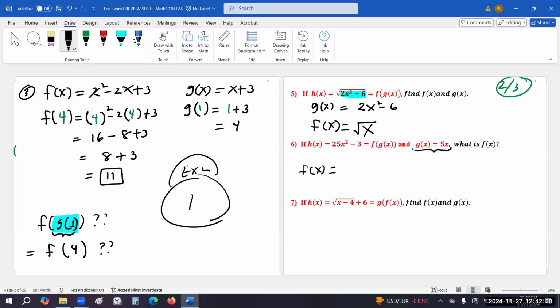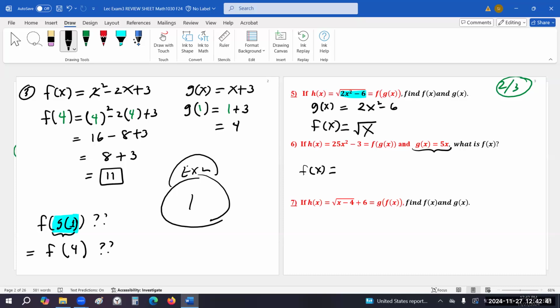So you're not going to give me something like number 6? No, if I give something like 6, I'm not going to give you what G of x is. You have to find out what G of x is, and F of x.